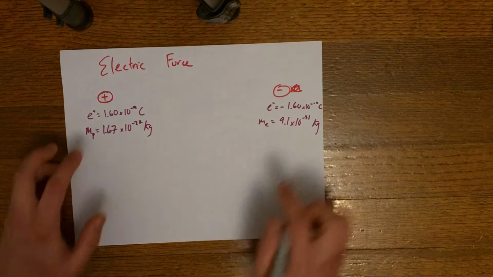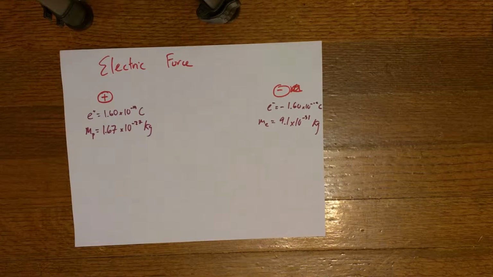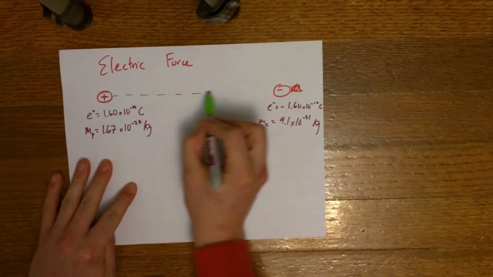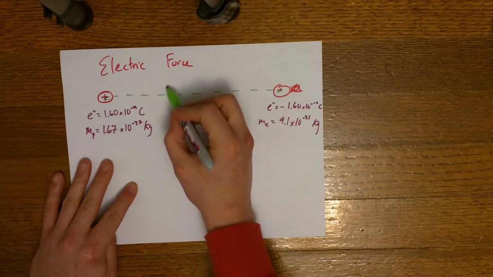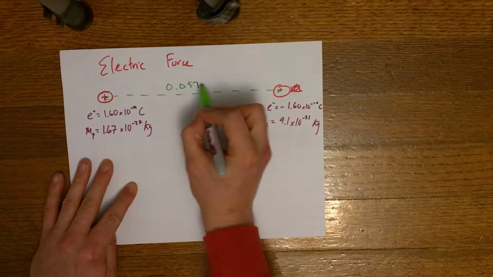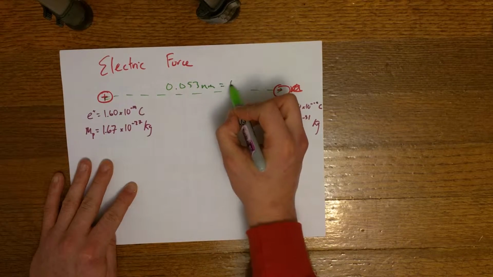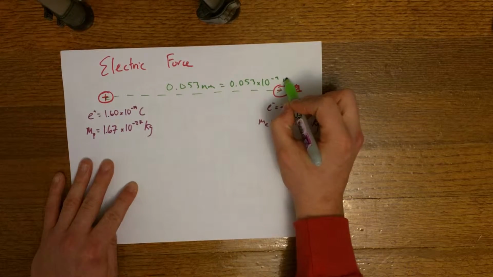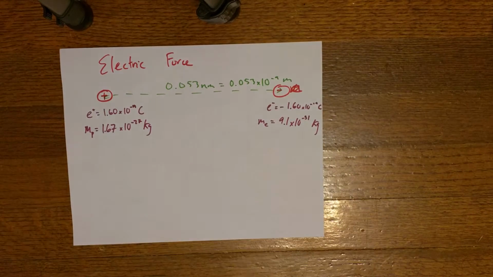And this separation is about 0.053 nanometers, which is the same as 0.053 times 10 to the negative 9th meters. Okay, so let's try and put some things together to come up with our electric force.